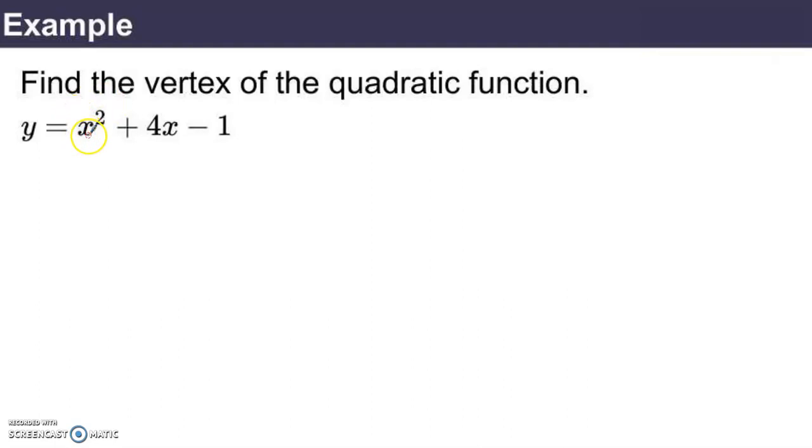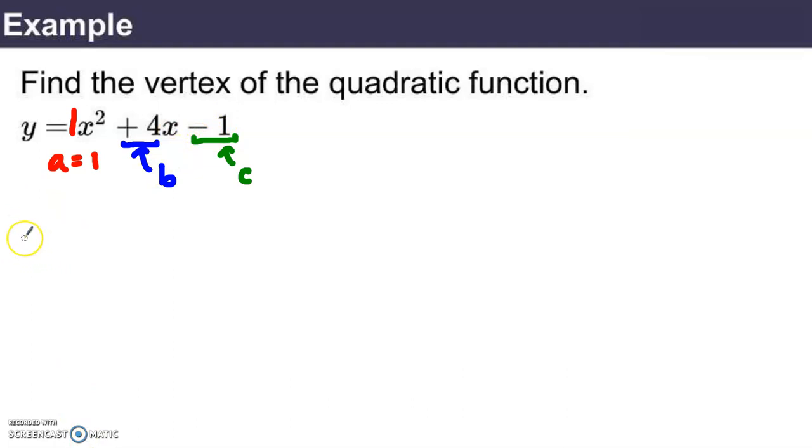So what is that coefficient? It's a 1. In this example, a is 1. B is the coefficient of the x term, so b is positive 4. And c is the negative 1. Note the importance of getting the negative sign in there too.